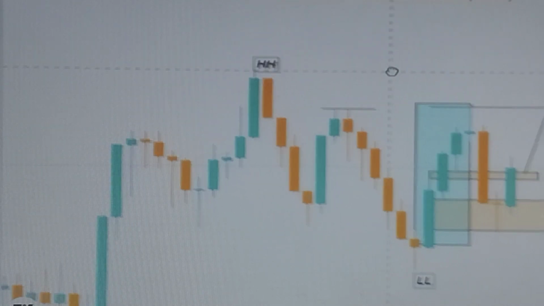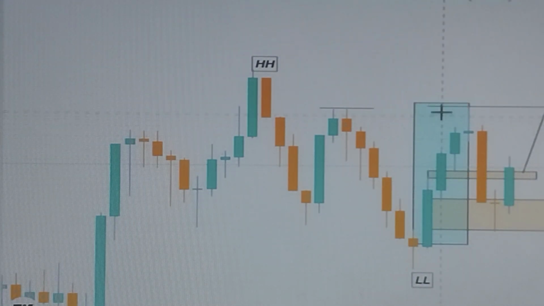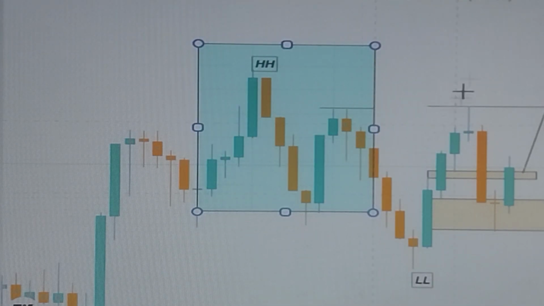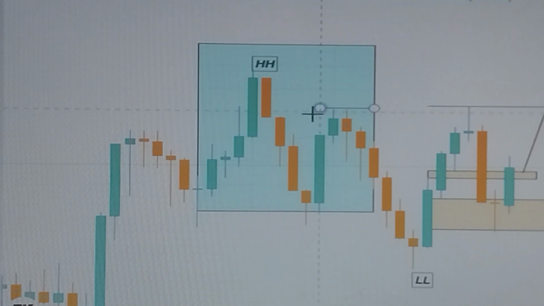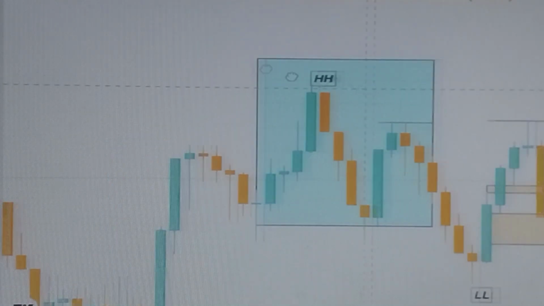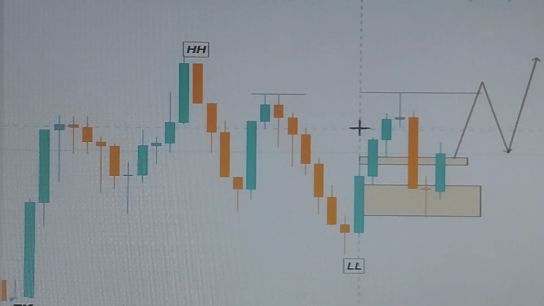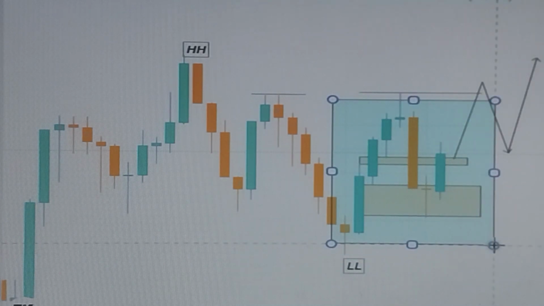Okay, when you look at this zone here, it is similar to this area here that you see, but this is something that we have to look at. This area here is similar to this part here.